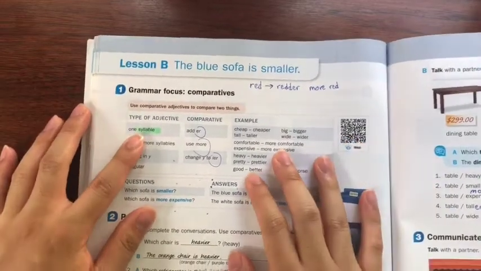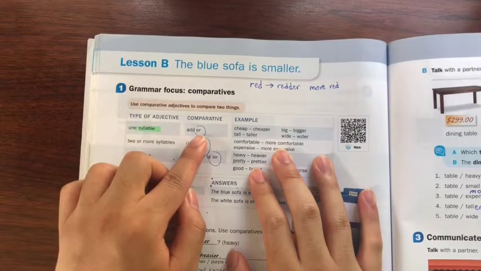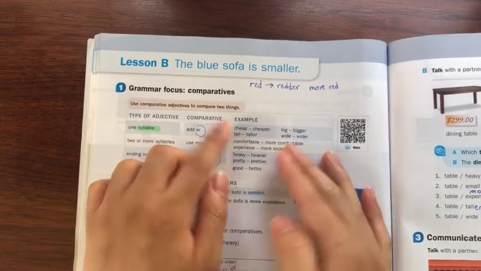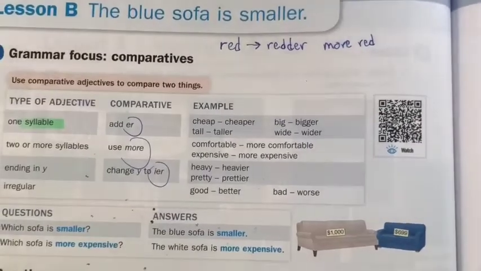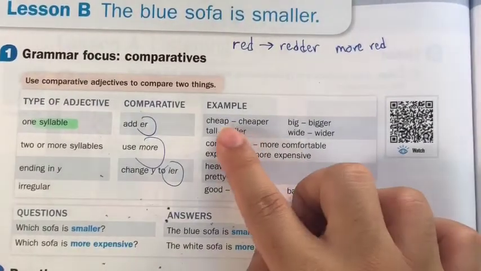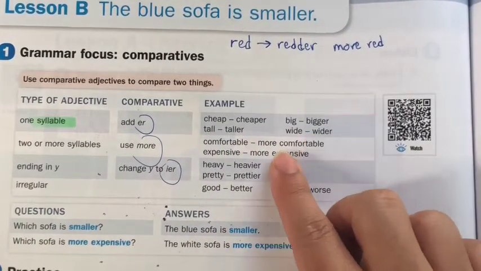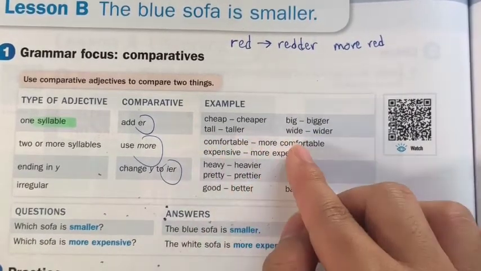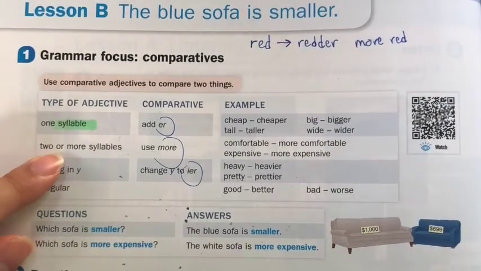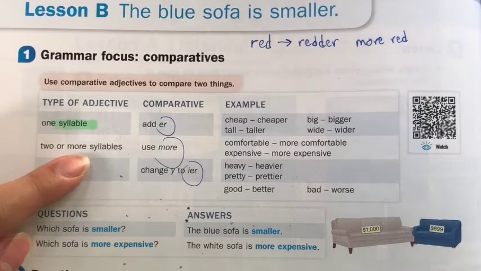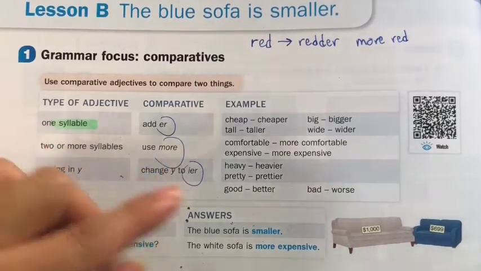If the adjective has one syllable, one sound, we add er. So cheap. Cheap has one syllable. So we add er. Cheap becomes cheaper. Big becomes bigger. Tall, taller. Wide, wider. When the adjective has two or more syllables, we use the word more.